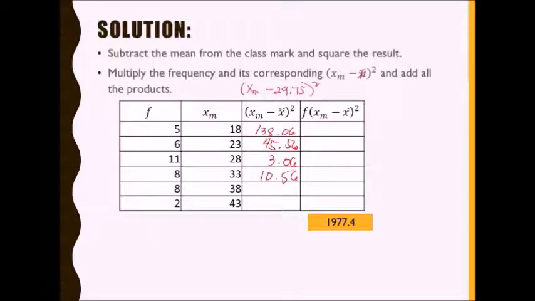Then 38 minus 29.75, 8.25 squared, 68.06. And then 43. 43 minus 29.75, 13.25 squared, 175.56.